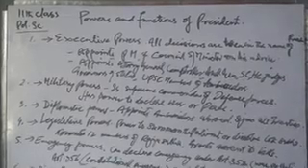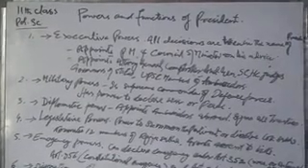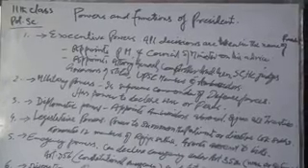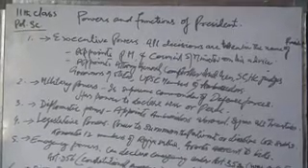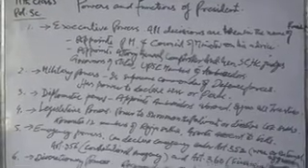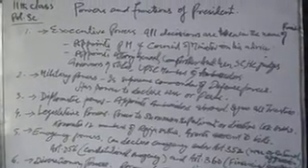The second is military powers. The President of India is the supreme commander of the defense forces. He has the power to declare war or peace. The third one is diplomatic powers.